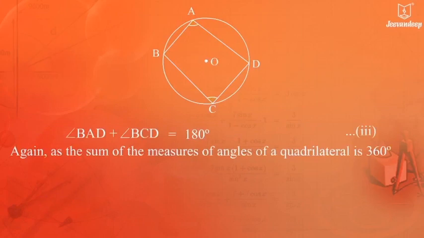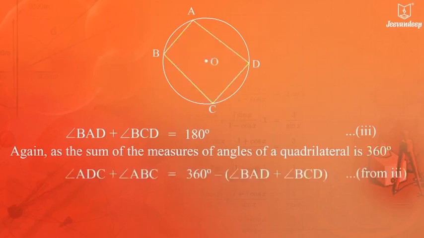Again, as the sum of the measures of angles of a quadrilateral is 360 degrees, angle ADC plus angle ABC equals 360 degrees minus the sum of angle BAD and angle BCD from equation 3, equals 360 degrees minus 180 degrees, equals 180 degrees.